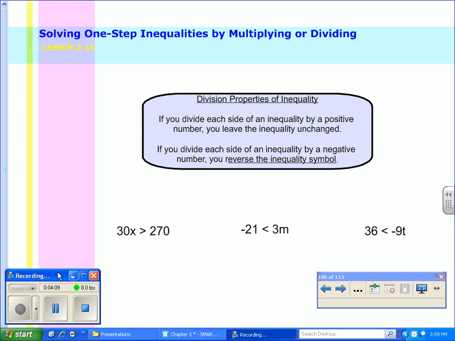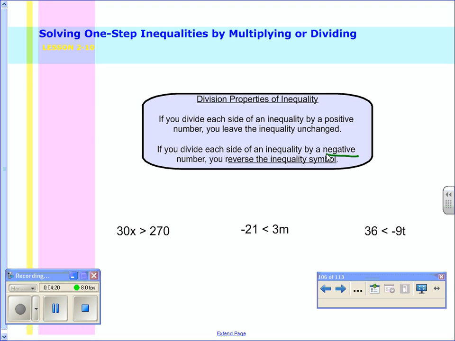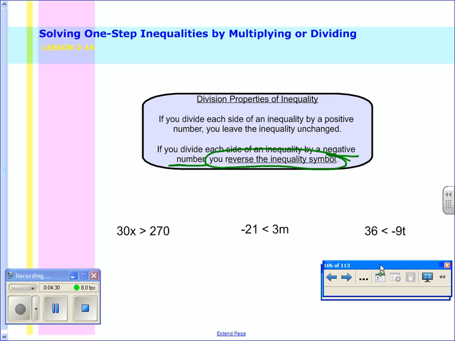So again, it's basically solving equations, except there's an inequality in there. But if you divide each side of an inequality by a negative number, that's really important, you must reverse the inequality symbol, or the sign. And you'll see what I mean in just a moment.